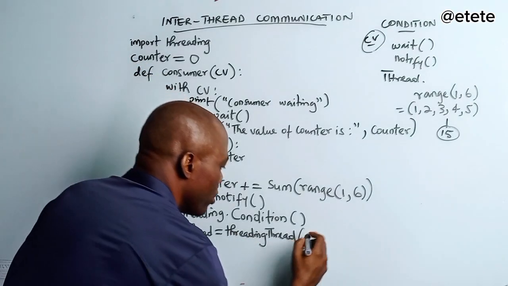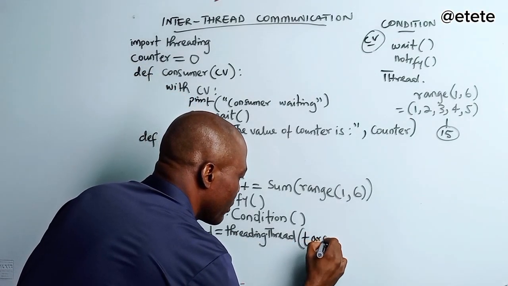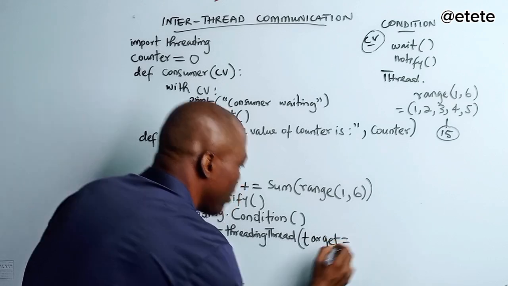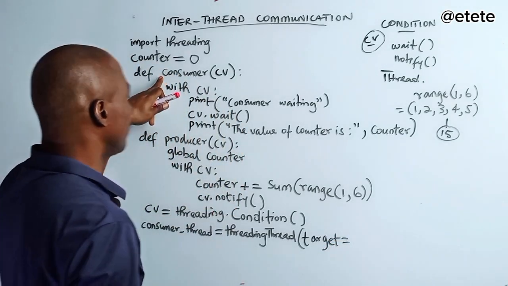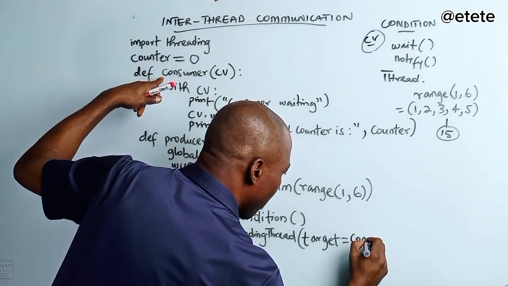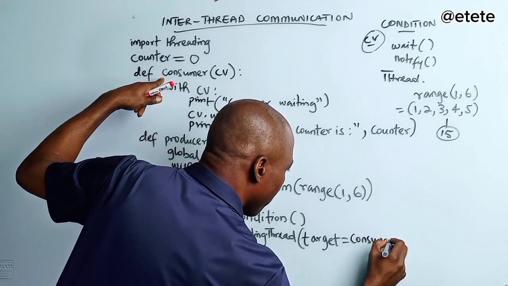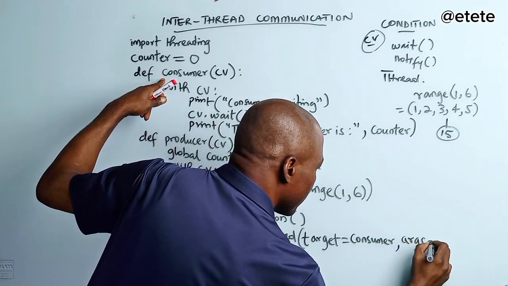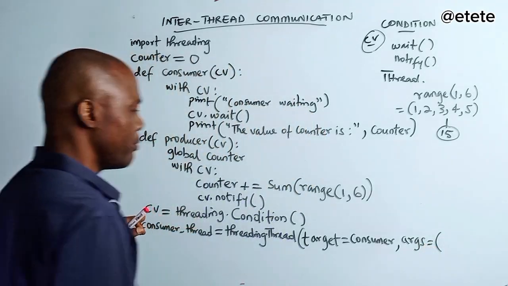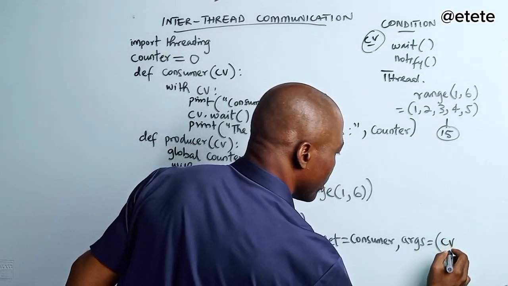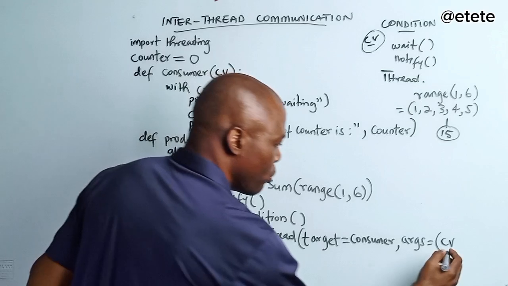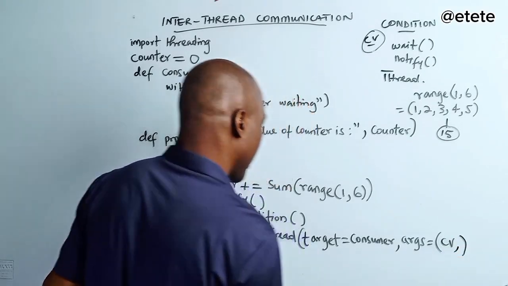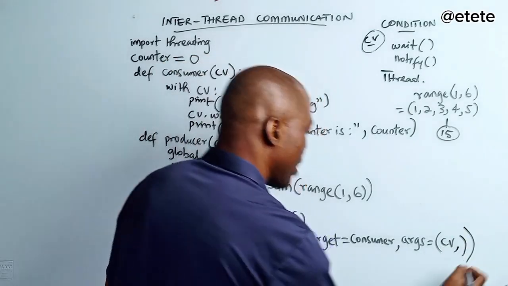All right. So target, what task is it expected to perform? This consumer thread is expected to perform this one. So target is consumer. Then the args is this CV. Now, because it's a tuple, I will have to put a comma here. Then I will close this and then I will close this.